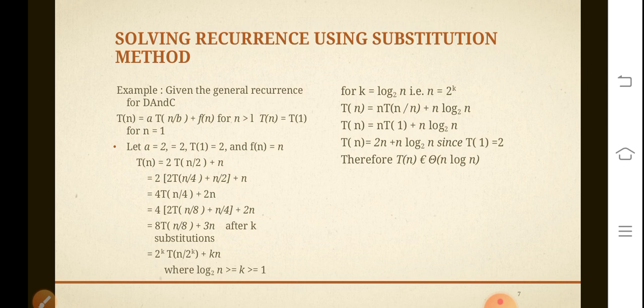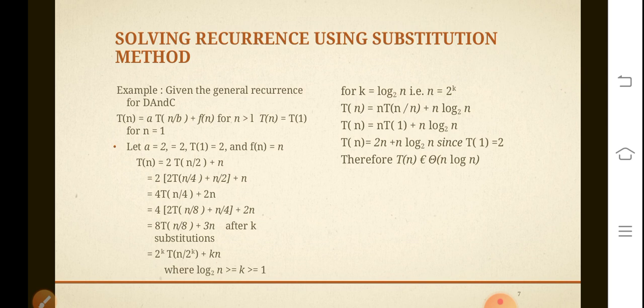T of n is equal to 2 into T of n by 2 plus n, that is 2 into 2T of n by 4 plus n by 2, plus n. Then 4T of n by 4 plus 2n, the n by 2 terms combine. Then 4 into 2T of n by 8 plus n by 4, plus 2n, then 8T of n by 8 plus 3n after k substitutions.